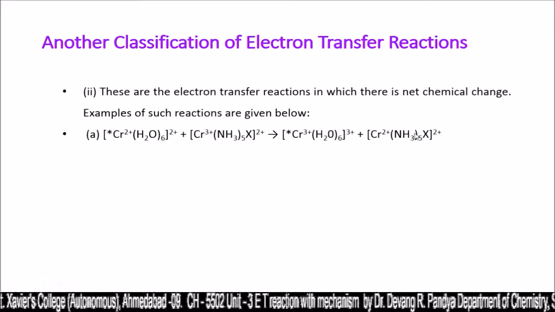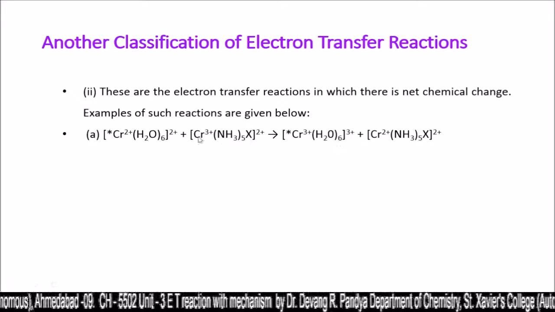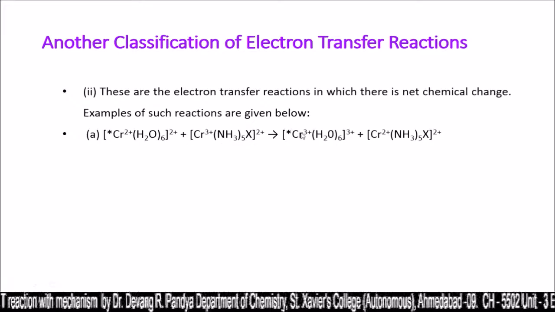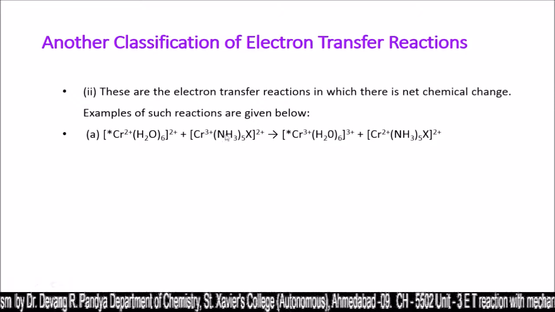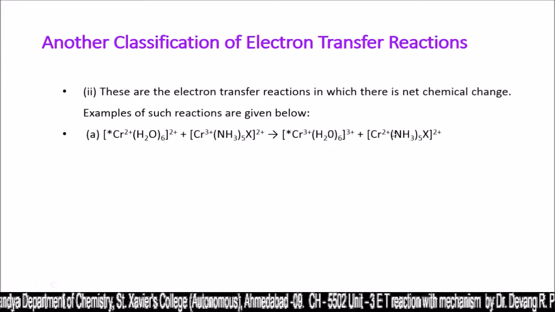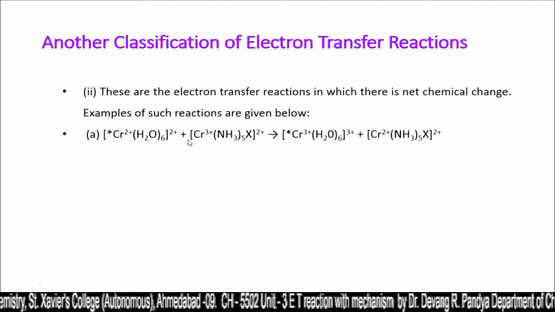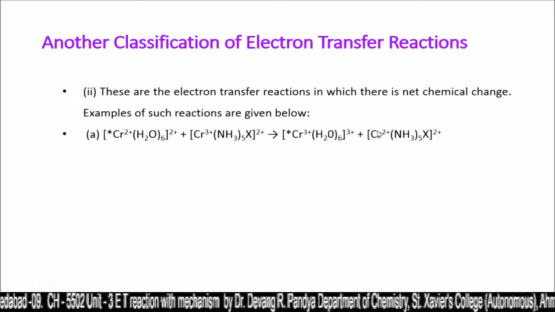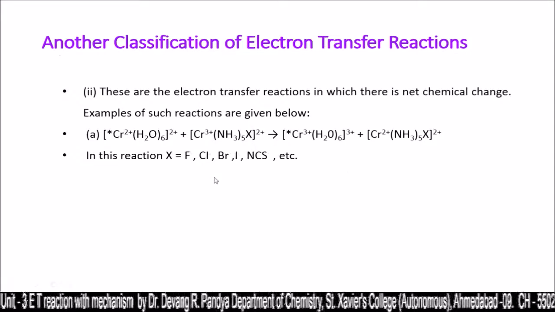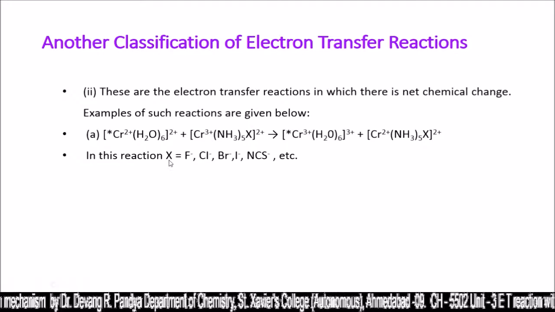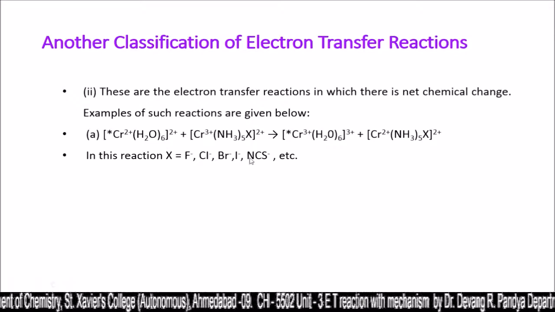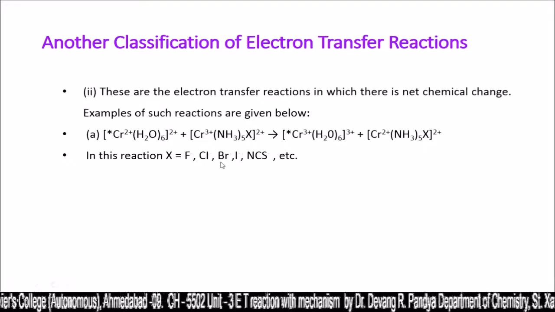Now in this reaction you can see that the chromium which is in +2 oxidation state is converted into +3, and this chromium with ammonia is converted into +2. But when you perform this reaction, you will find a net change in the products of the reaction. In this reaction, X are halogens, maybe thiocyanate, etc., this kind of anions.